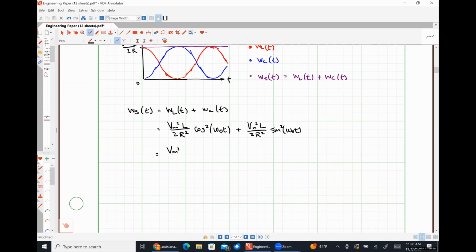So Vm squared L over twice R squared times cosine squared plus sine squared. Sorry, that should have a T there.